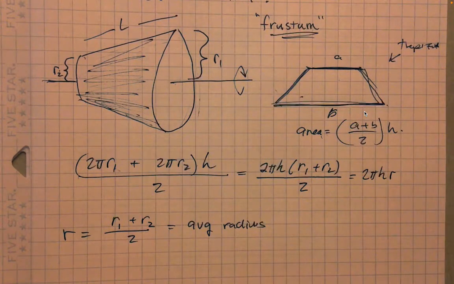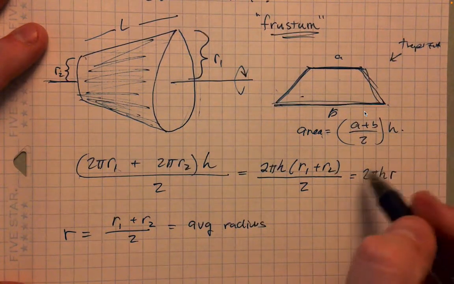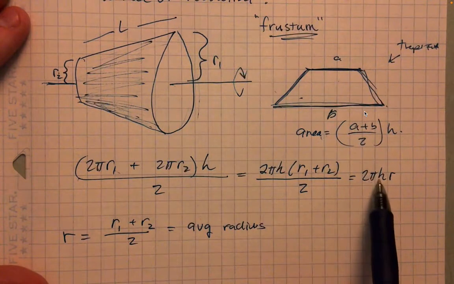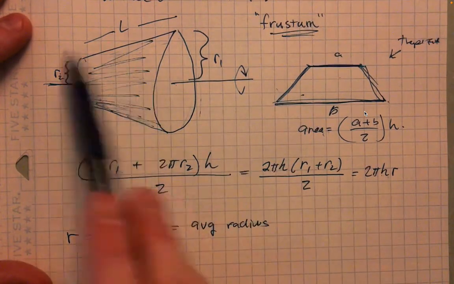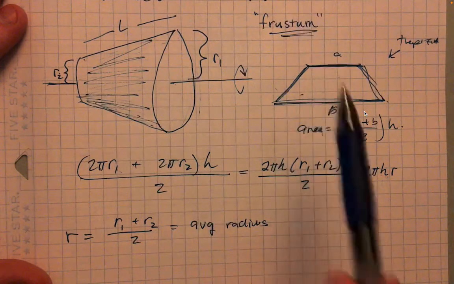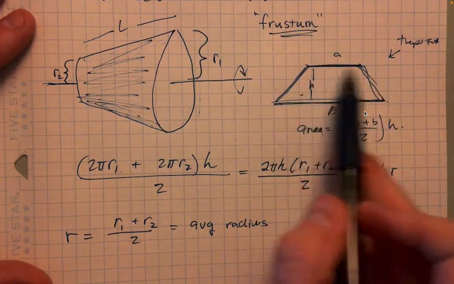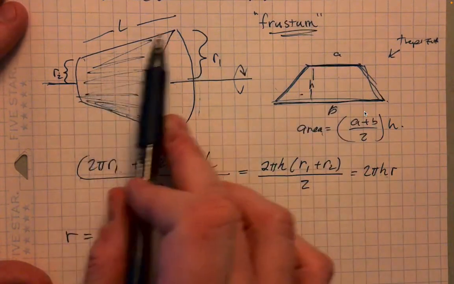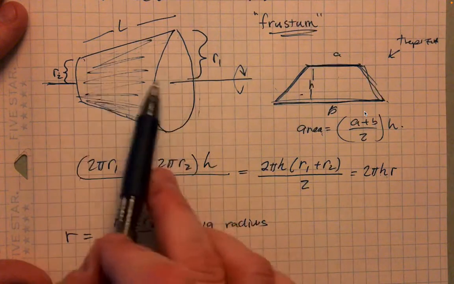Perfect. All right. And one other thing here, right? So instead of h, h is the trapezoid concept. Over here, what should the h be? Over here, h is this L, right? It's the distance between the two parallel sides. So over here, L is going to be the distance between the two parallel surfaces.